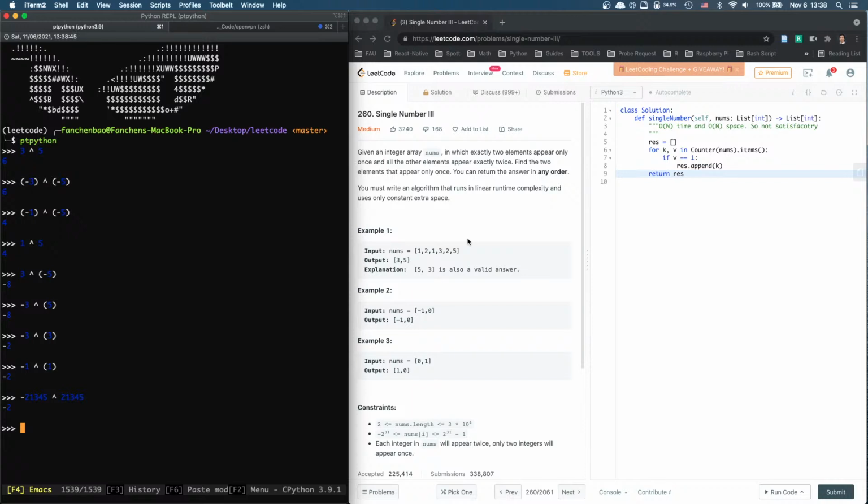If we have another pair, like 4 and 4, and one 4 is in the front and one 4 is in the back, then the exclusive or will be just 3 exclusive or 5, minus 3 exclusive or 5.